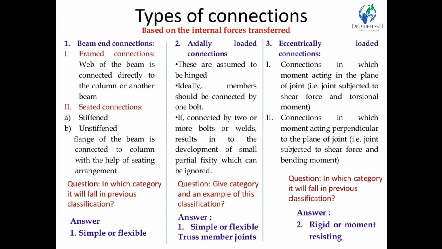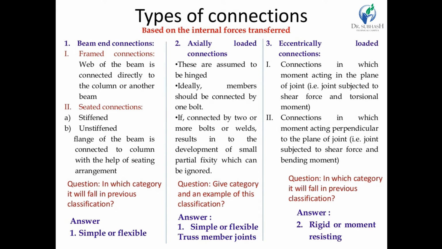Now types of connection based on internal force transfer. What we discussed previously was based on external force transfer; now we move to the internal force. Based on this there are three types: first, beam end connection; second, axially loaded connection; and third, eccentric loaded connection.